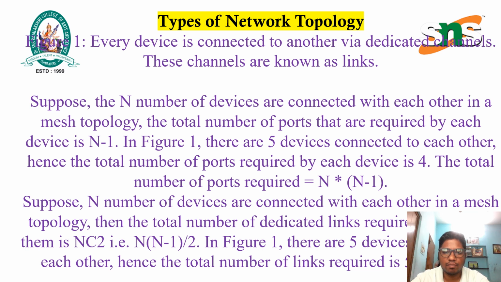Suppose n devices are connected with each other in a mesh topology, then the total number of dedicated links required is n(n-1)/2. It is based on each network link that we require.